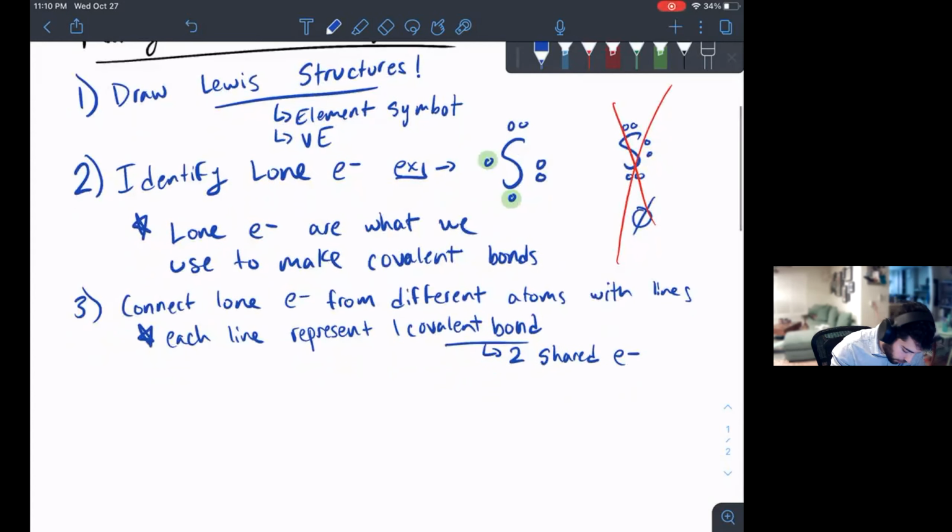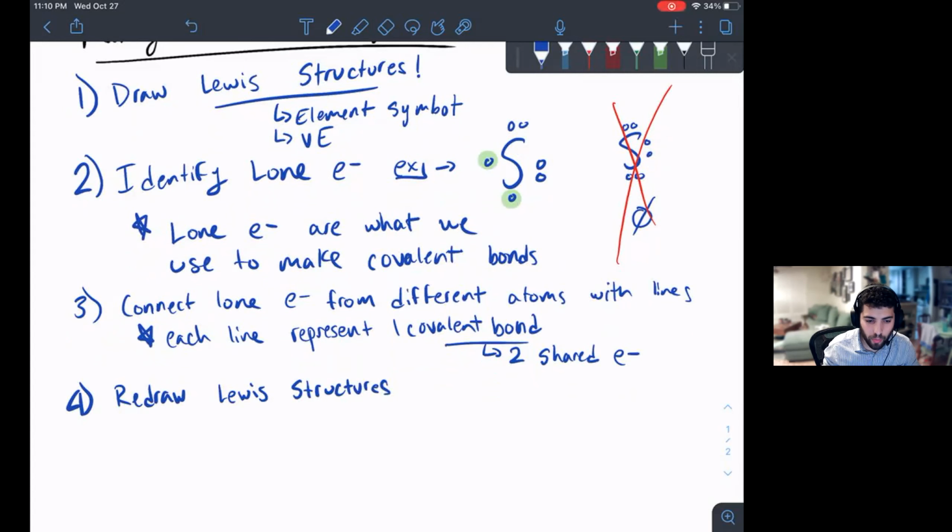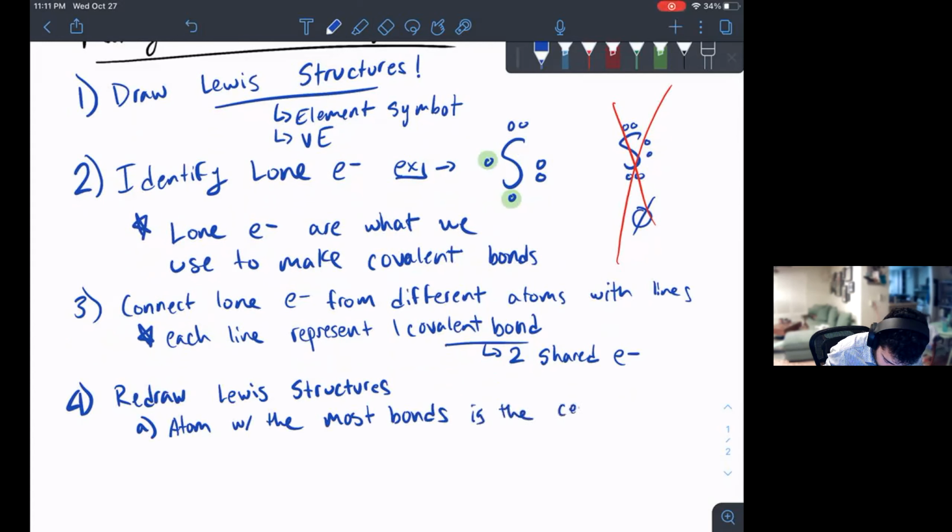All right, the 4th step, we are going to redraw Lewis structures. And we're going to keep a couple things in mind when we redraw Lewis structures. A, the atom with the most bonds is the central atom.